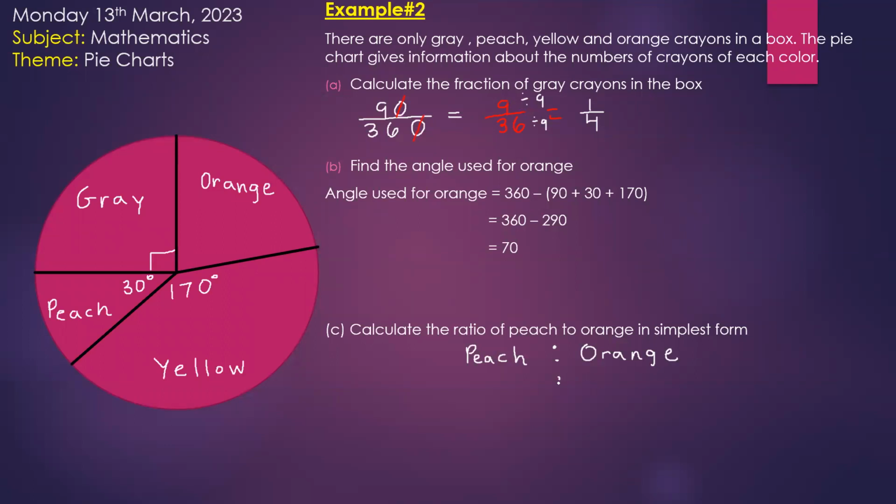Now how much is peach? 30 to 70. 30, right?